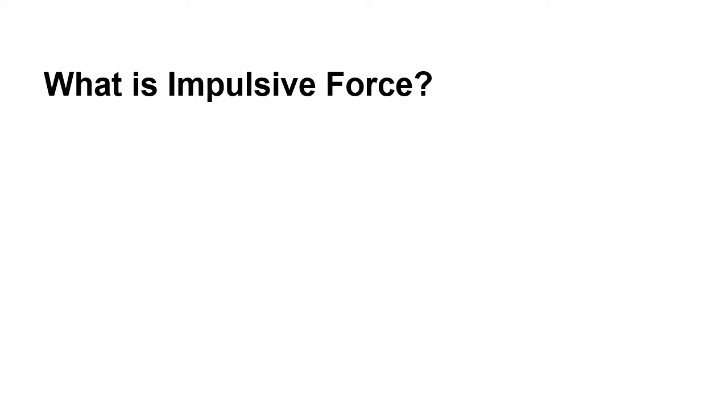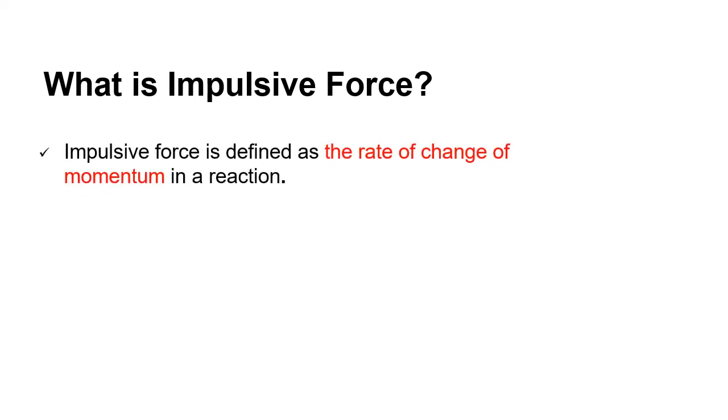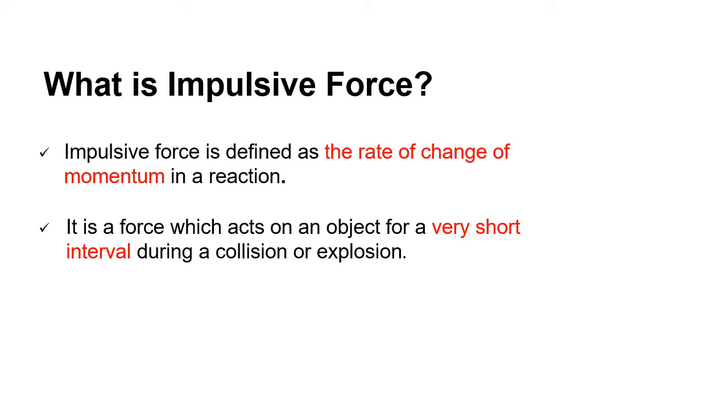Next, we move on to what impulsive force is. Impulsive force is defined as the rate of change of momentum in a reaction. It is a force which acts on an object for a very short interval during a collision or explosion. Impulsive force is a vector quantity.